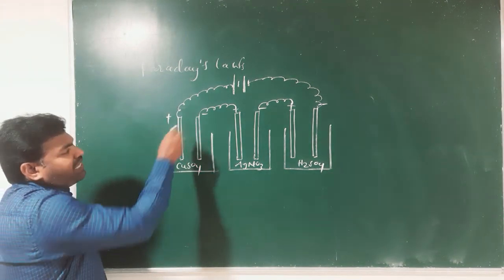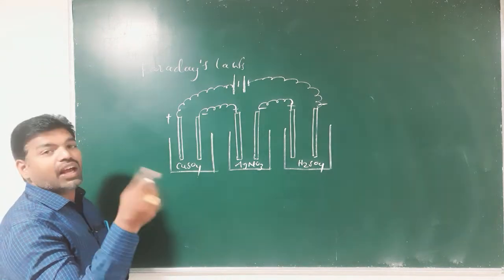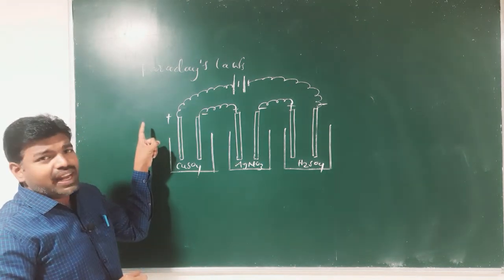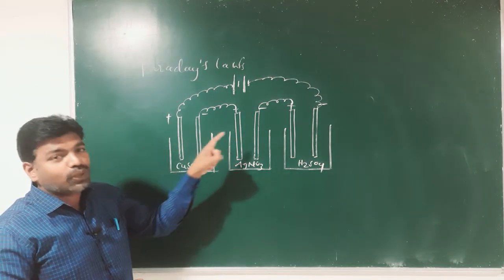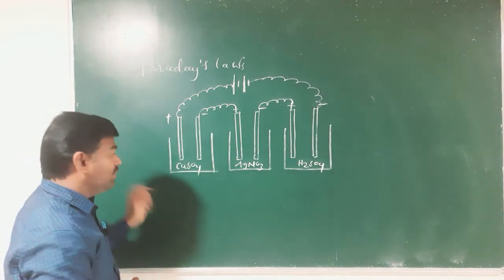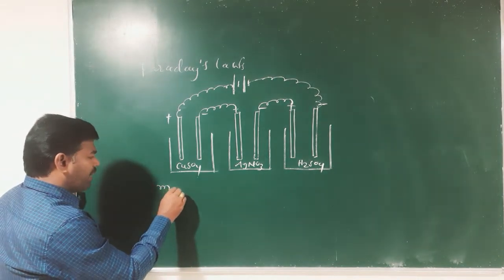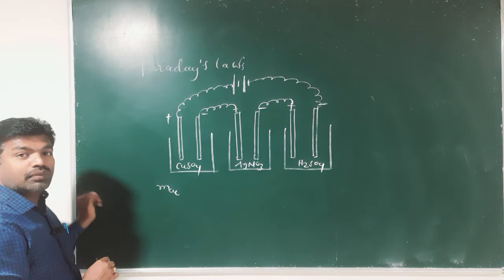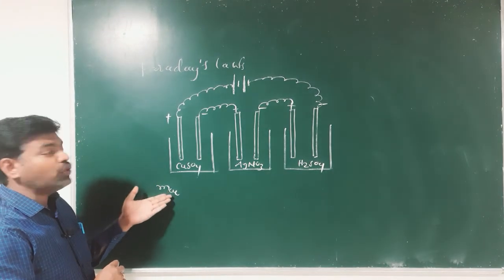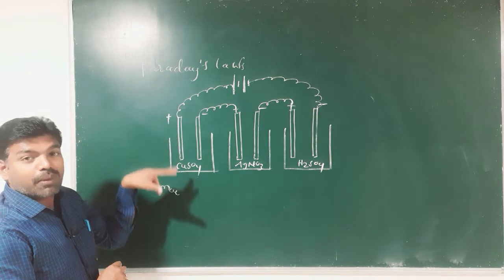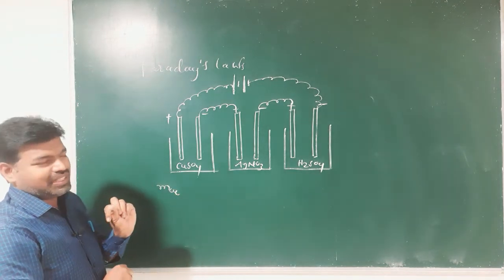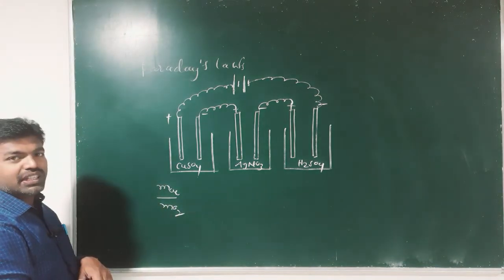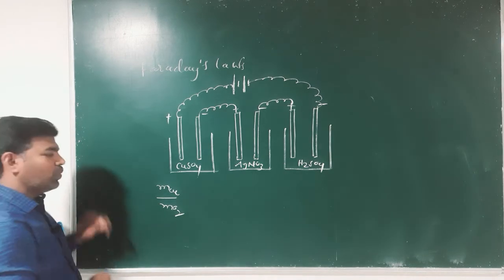Right. So, the same quantity of electricity, 1 Faraday of electricity, passing through these 3 electrolytic cells, then the mass of copper deposited at the cathode is directly proportional to the chemical equivalent of that substance, and the mass of O2 gas deposited at the electrode is proportional to the chemical equivalent of O2.